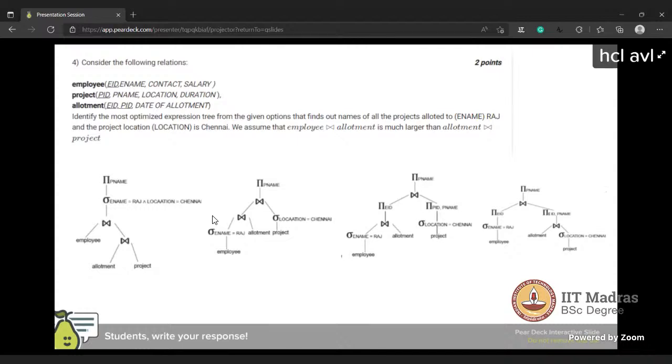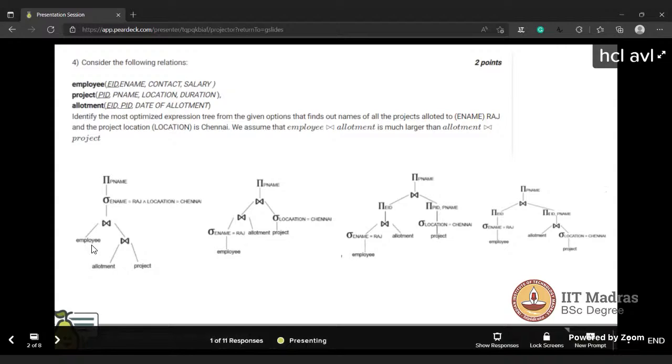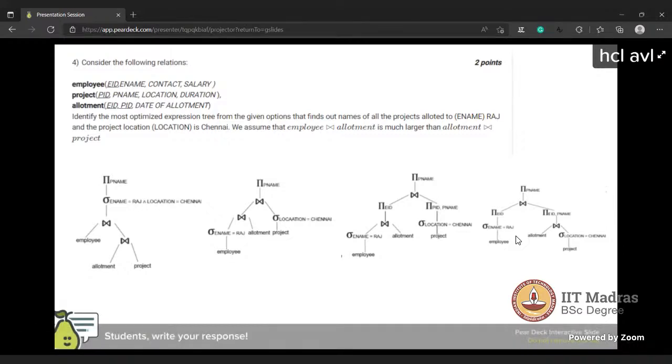We assume that employee natural join allotment is much larger than allotment natural join project. There are given options: option A, option B, option C, and option D. You can answer in the chat box. We will wait a few minutes. After that, we will discuss.